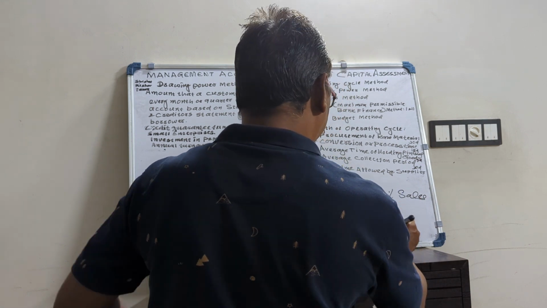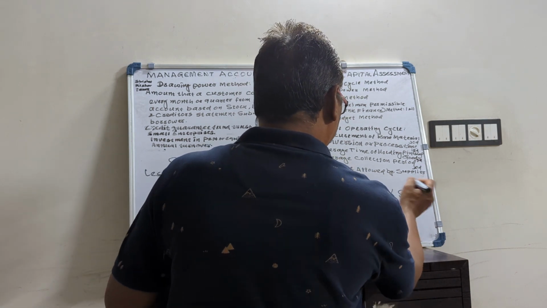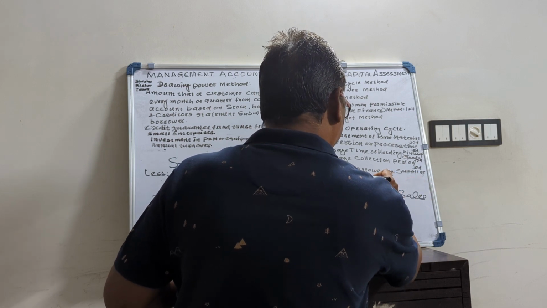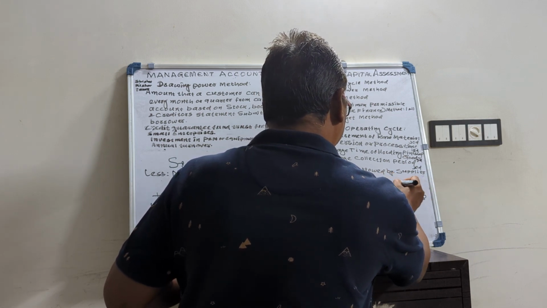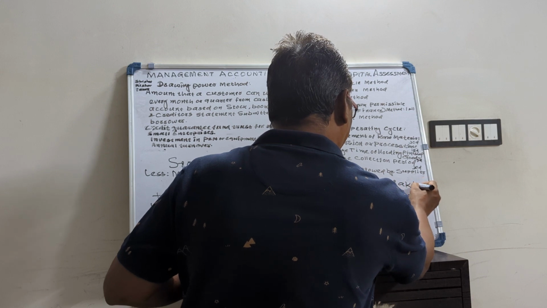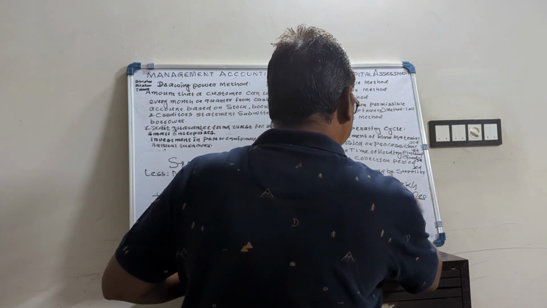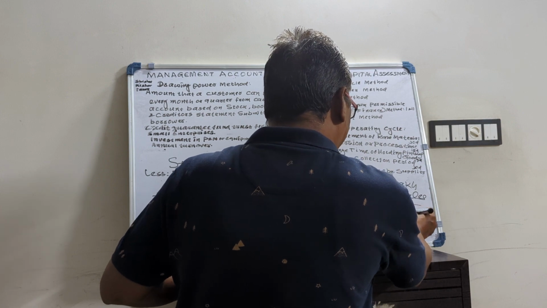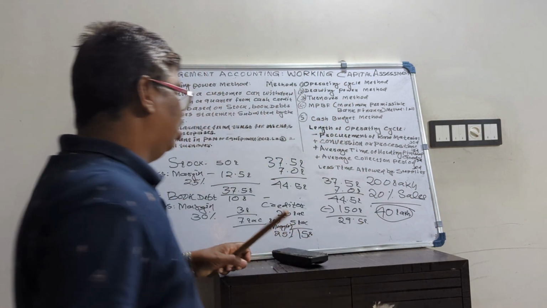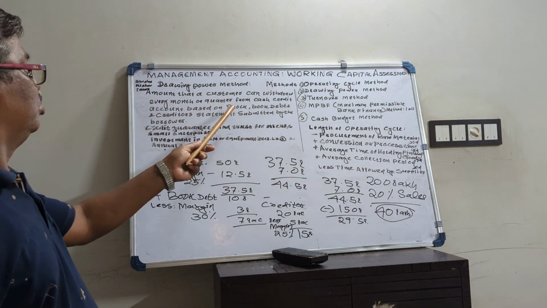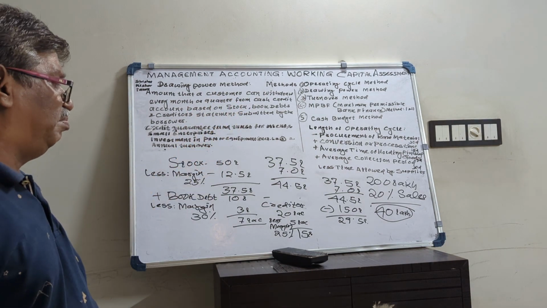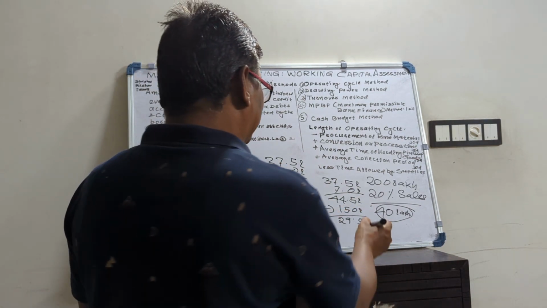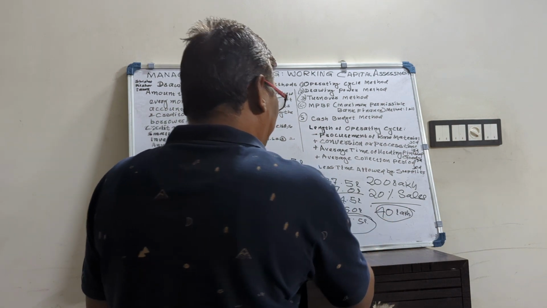Suppose turnover is 200 lakh. So 20% of sales means 40 lakhs. That is the 40 lakh limit of a borrower. But based on his stock, book debt and creditor statement, the drawing limit is 29.5 lakh.